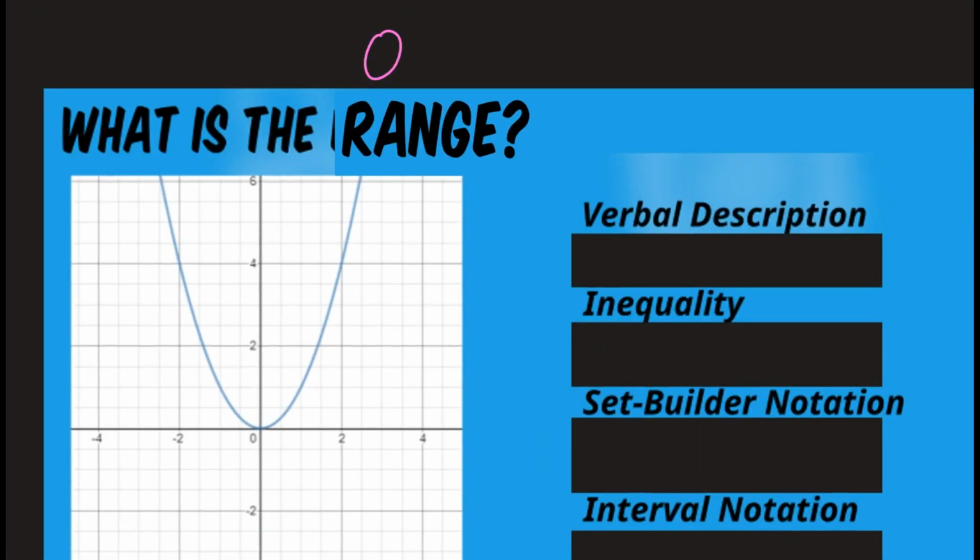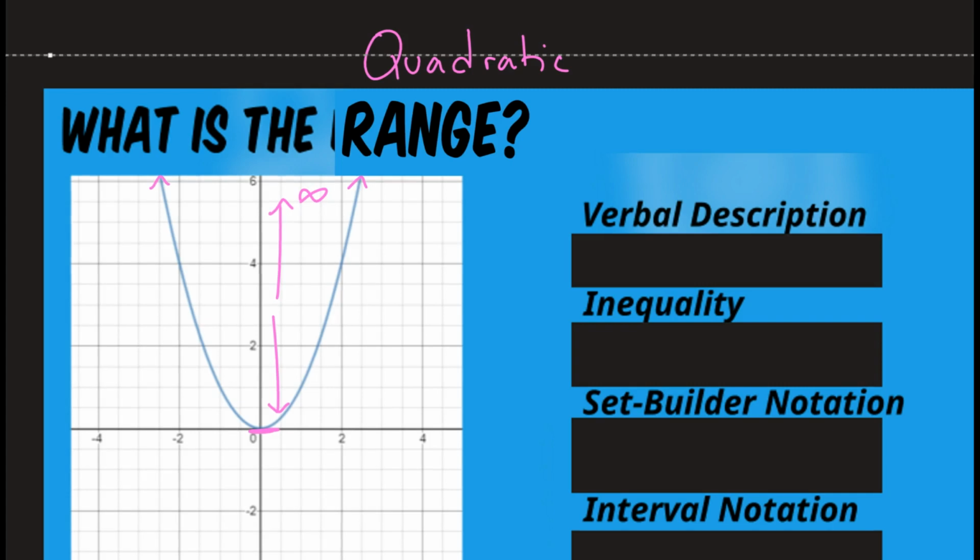Then we're looking at our quadratic function. Again, looks like our lowest y value is 0. And our max y value, there should be arrows, is infinity. So our verbal description is the exact same as absolute value.